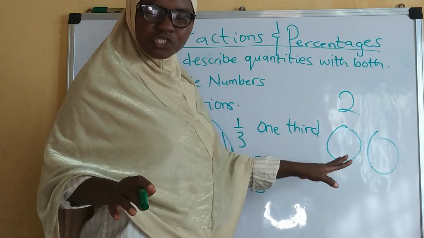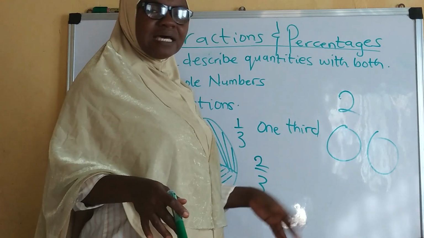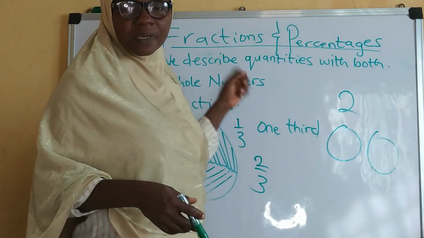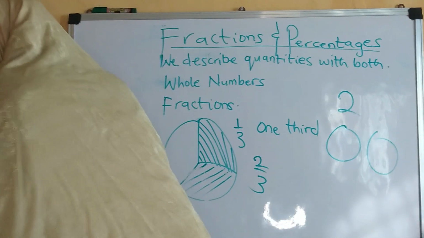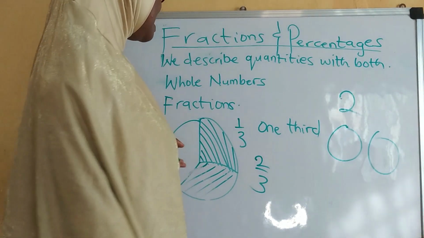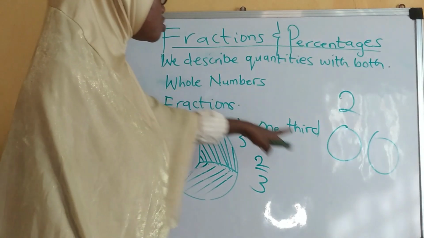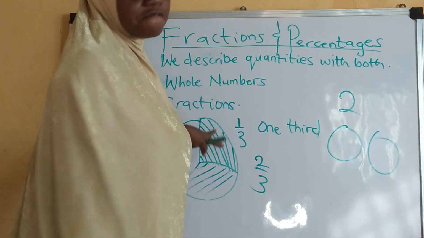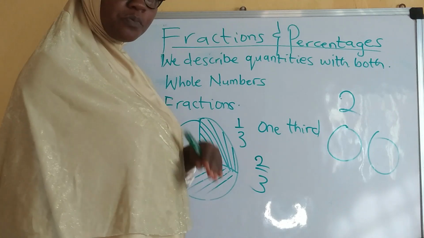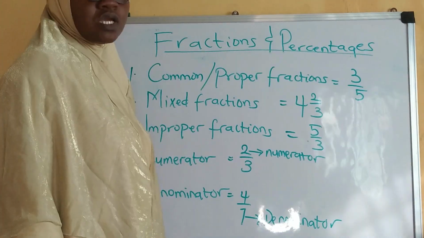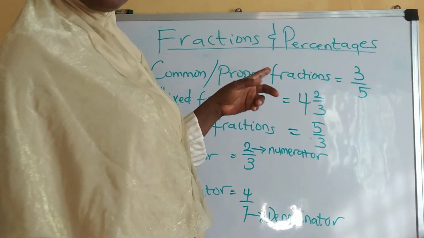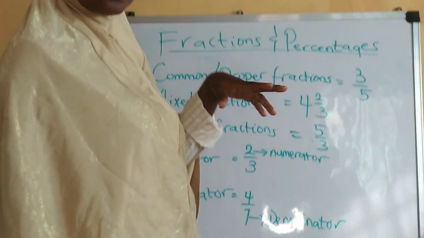Now let's look at the following example so that we can understand better. All right. So you can see that we describe quantities in both whole numbers or fractions. But before we proceed to any examples to see how we want to solve them, we want to look at the common terms that we use in this topic. Fractions are used to describe quantities generally.